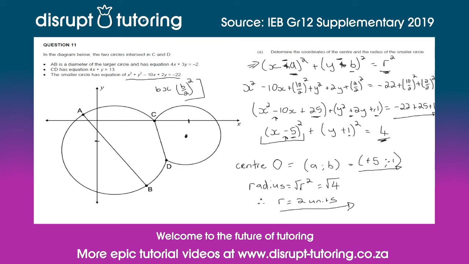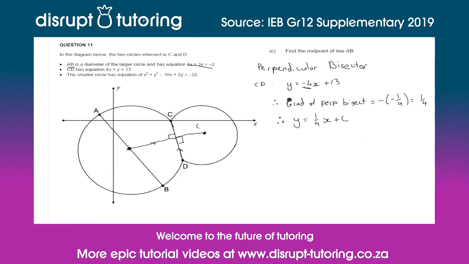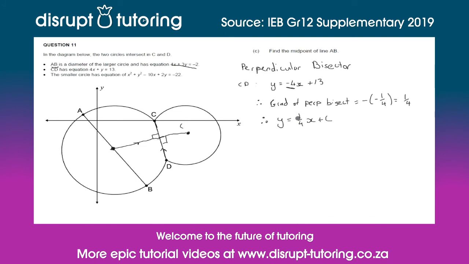But now we need to use the fact that this point here is, as I said, 5 and -1. We can substitute that in, so -1 should equal 1/4 of 5 plus c. Put the c to the other side, and we have -1, minus 1/4 times 5.